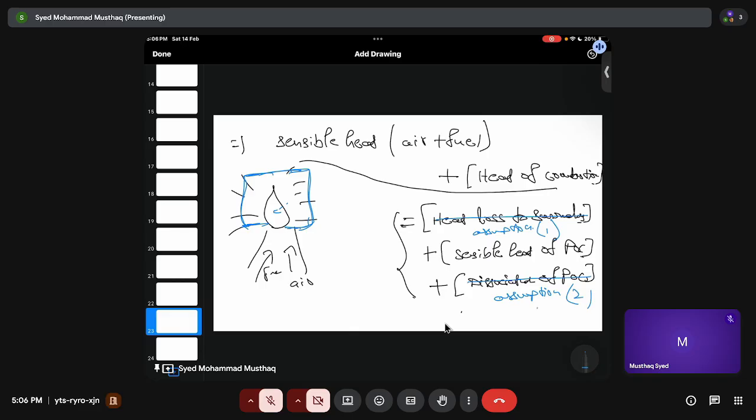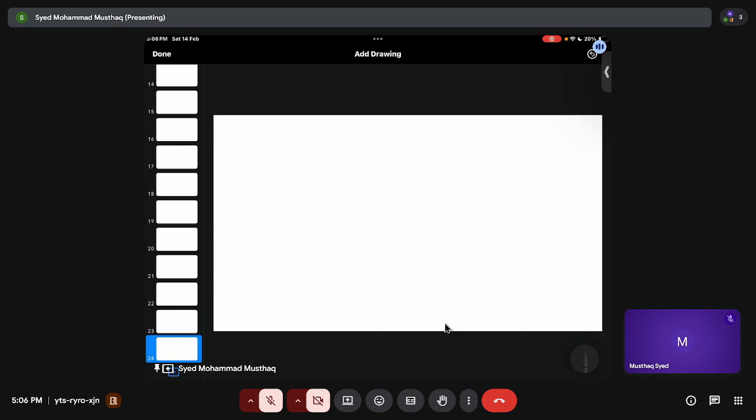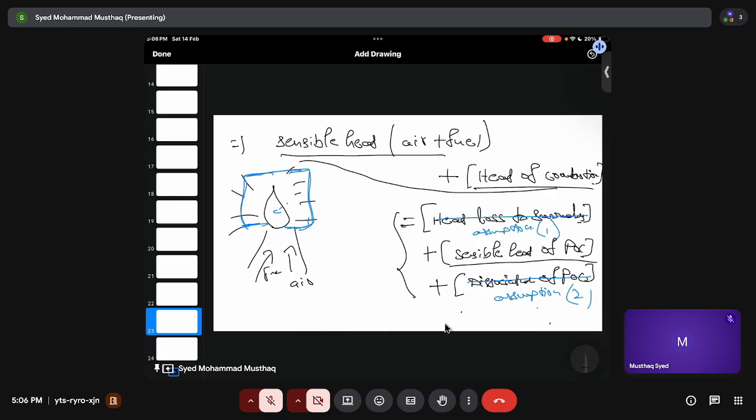So whatever sensible heat you are giving, and the heat of combustion, is directly going into the sensible heat of products. So if I know the sensible heat of products, then I can backtrack and back calculate the heat of combustion and sensible heat.